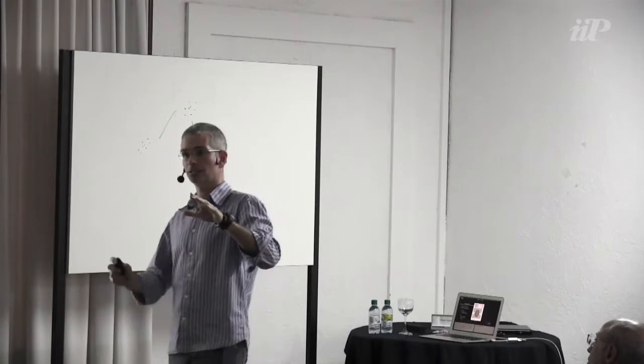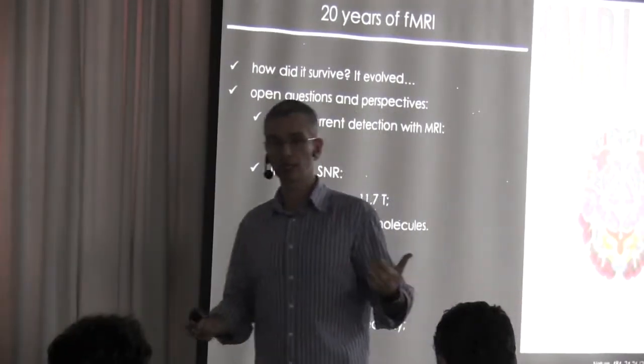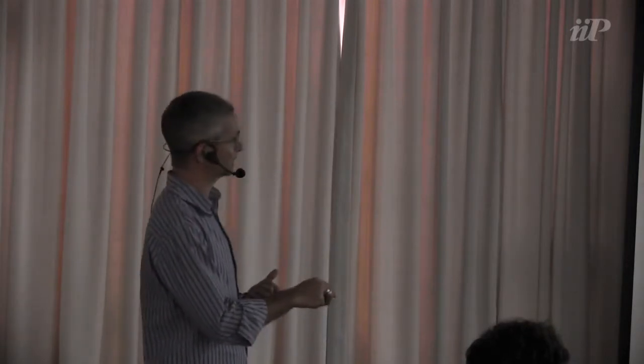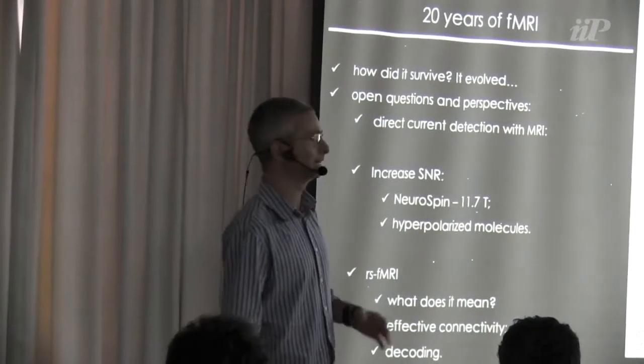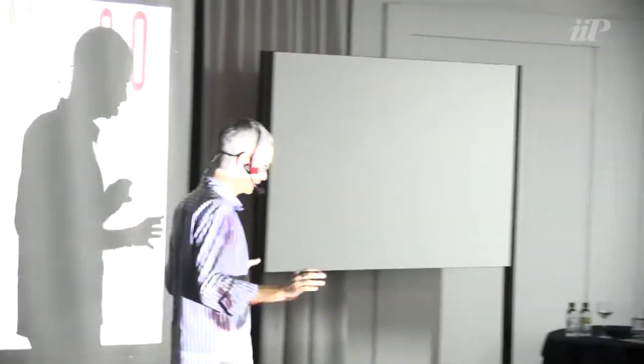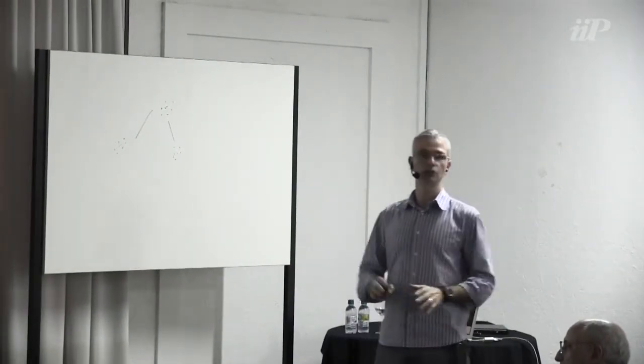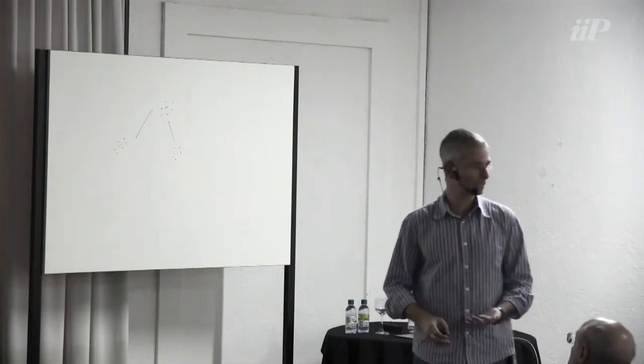After 3 Tesla, the thermal noise increases more rapidly than the gain you get with the increase of magnetic field. So that means that the 11.7 Tesla is not 10 times better than the 1.1 Tesla. It is better, but it has a lot of susceptibility issues, a lot of problems. So I'd say that 3 Tesla, 7 Tesla at the most, would be something that we will see in the next couple of years.